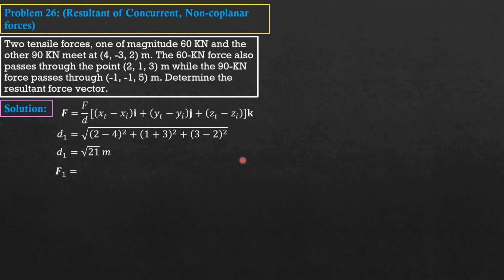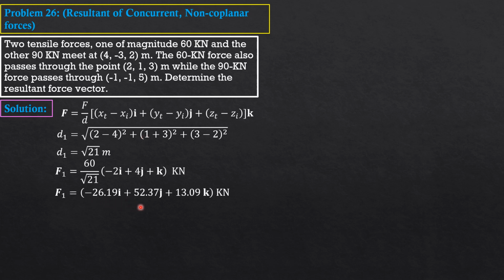Therefore F1 is 60 over distance 1 times the quantity negative 2i, because this is negative 2, positive 4j, then 1k or simply k, kilonewtons. F1 therefore is the quantity negative 26.19i plus 52.37j plus 13.09k kilonewtons.